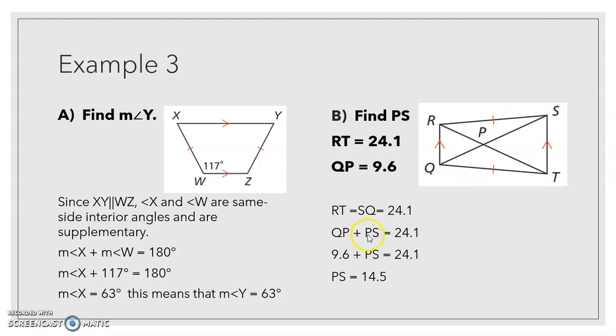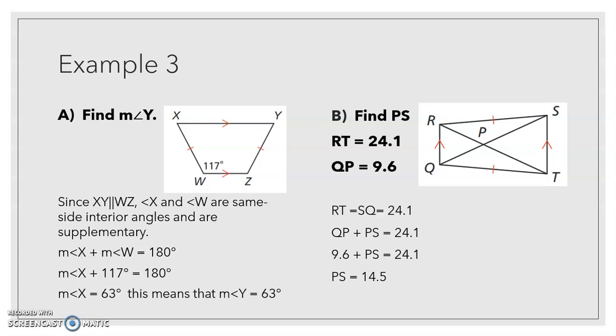So QP plus PS is going to be that 24.1. I just put in the measurement for QP, and then I subtracted to find out the length of PS, and PS is 14.5.